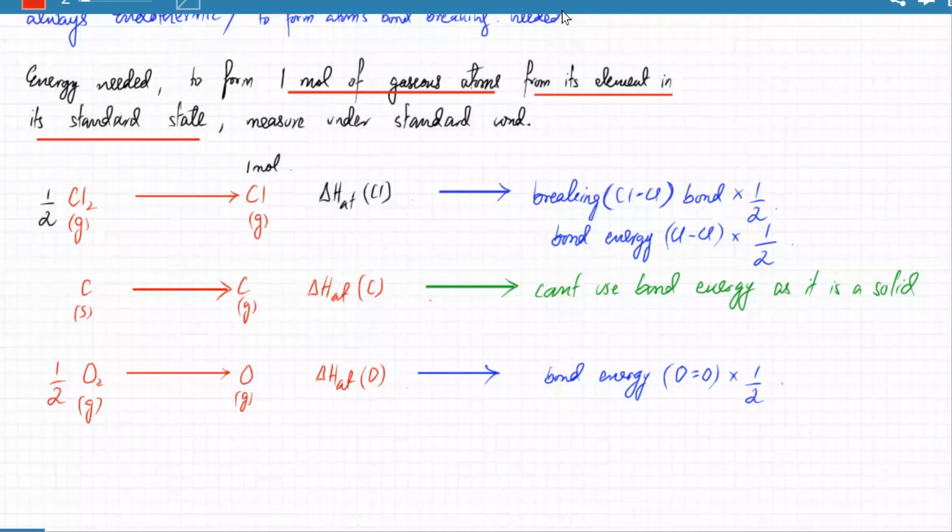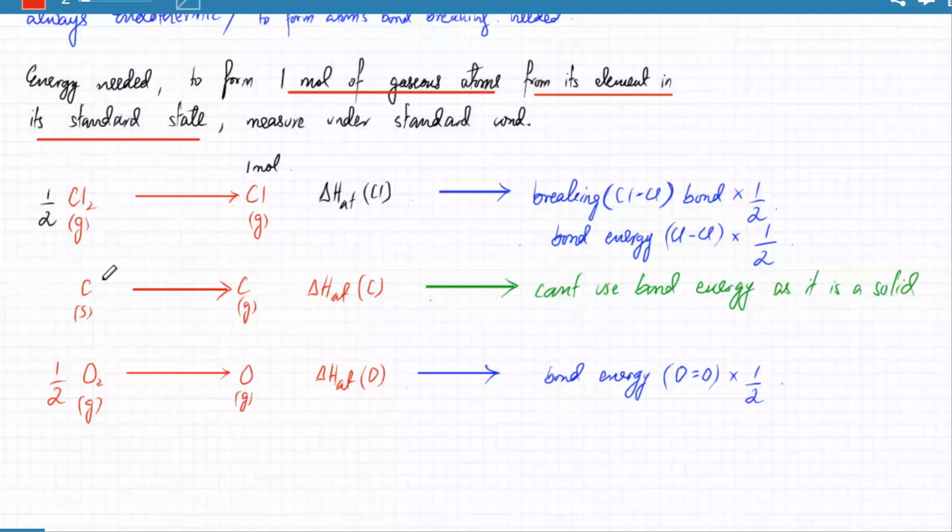Okay, that's it. There's one more point in this: we already covered that if it's a strong bond, then obviously enthalpy of atomization would be very high. Like if there's a triple bond, then obviously a lot of energy would be required. For example, if there's diamond, you would have to break a lot of bonds.